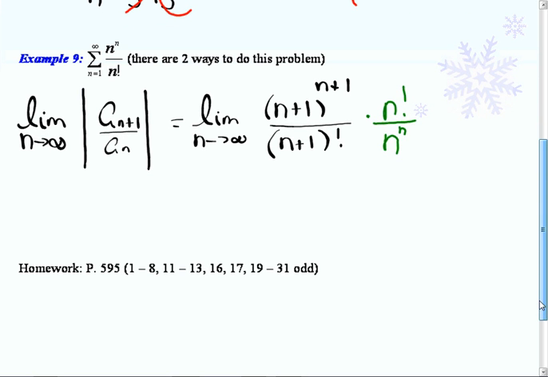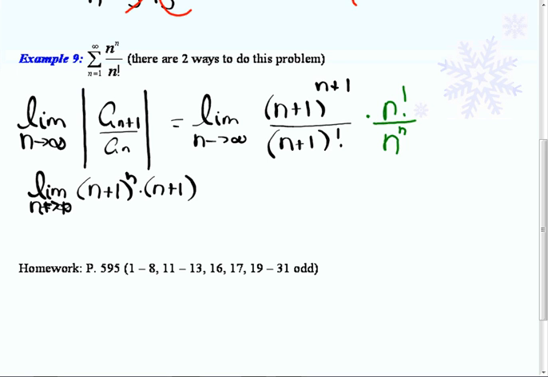So let's write out what it means. n plus 1 to the n plus 1. What does that look like? This one, it's n plus 1 to the n times n plus 1.